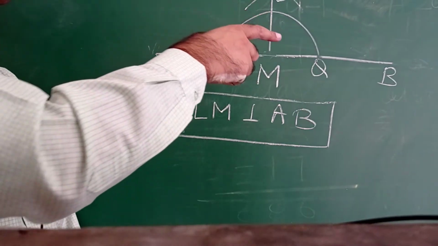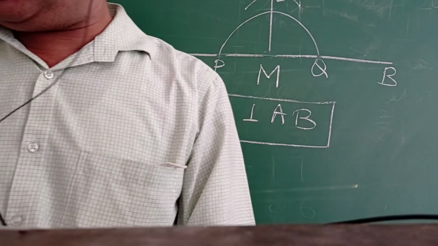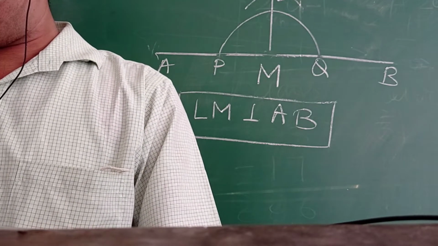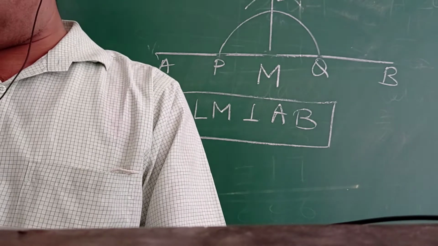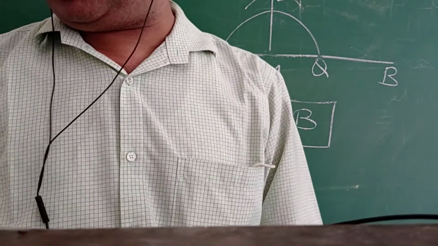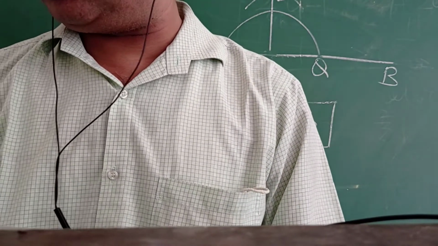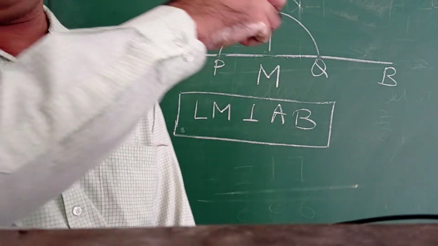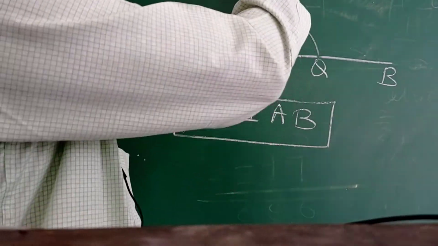Then what will you do? You will take two arcs which are greater than half of PM, and which will cut each other at L. Join LM.